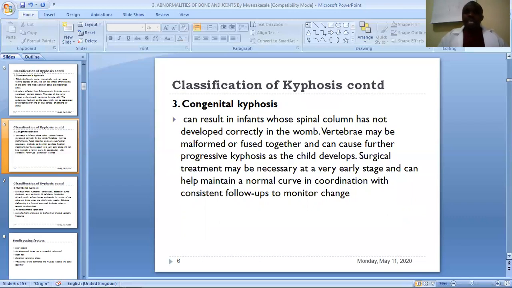So this congenital kyphosis can result in infants whose spinal column has not developed correctly. In the womb, vertebrae may be malformed or fused together and can cause further progressive kyphosis as the child develops. So surgical treatment may be necessary at a very early stage and can help maintain a normal curve, in coordination with consistent follow-ups to monitor change.